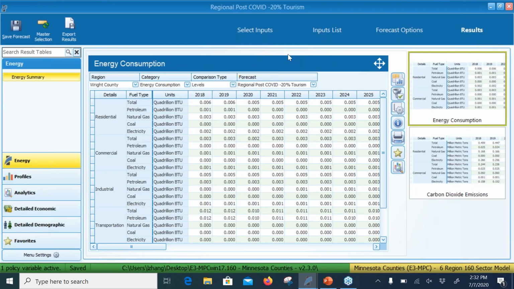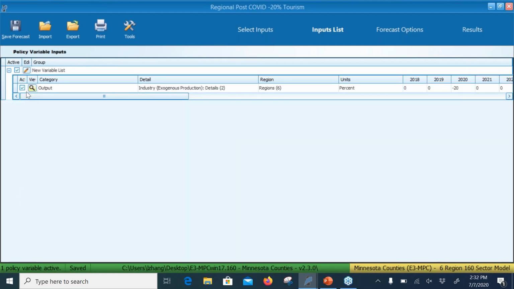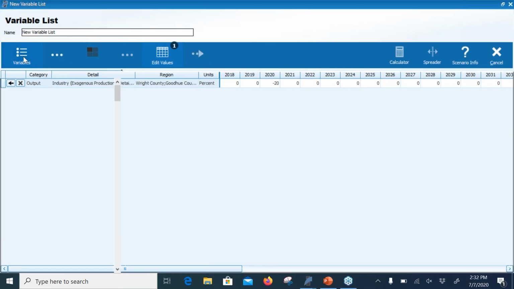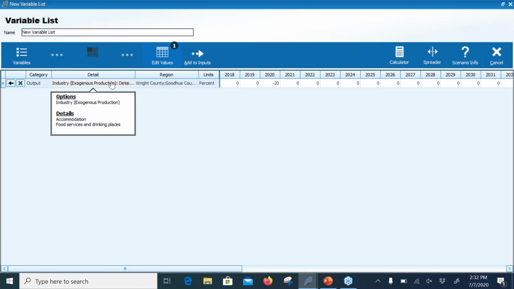For example, here, I've said let's suppose that the accommodation industry and then the food services and drinking places industry were hit extra hard.